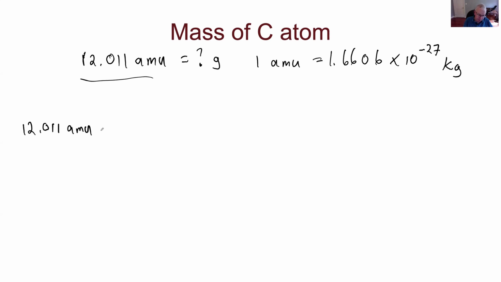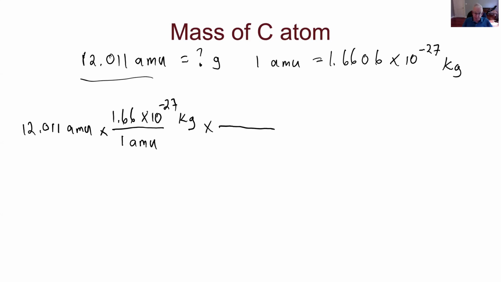All right, and we're going to do this just like I demonstrated in the unit conversion segment. I want to get rid of AMUs, so I take my conversion factor, I put the AMU on the bottom, and I put that 1.66 times 10 to the minus 27th kilograms on the top. Okay, I'm in kilograms now, but I want to get to grams. I could stop there if I wanted, and if you're lacking in confidence doing these, you might want to stop periodically and say, now I've got this intermediate result.